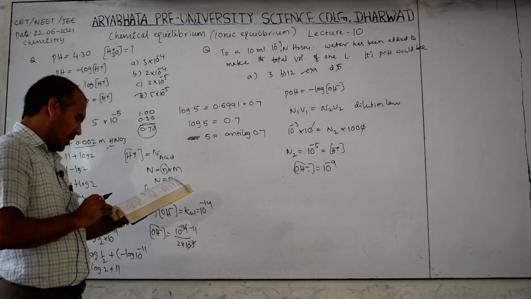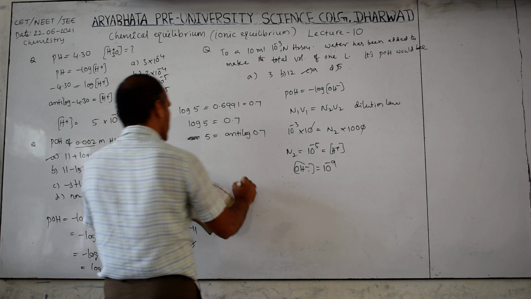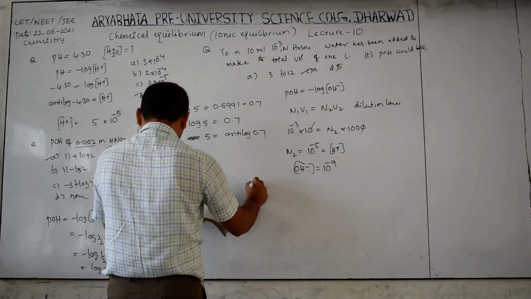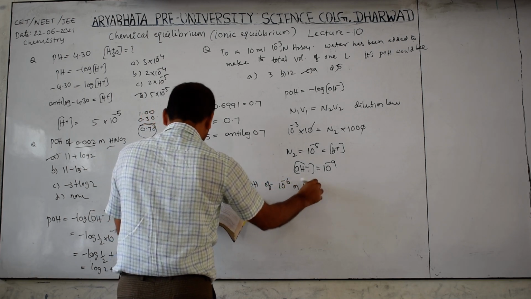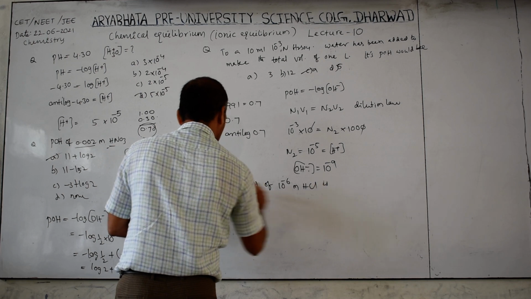Okay. Next, here they have given the pH of 10 power minus 6 M HCl. This is the question.